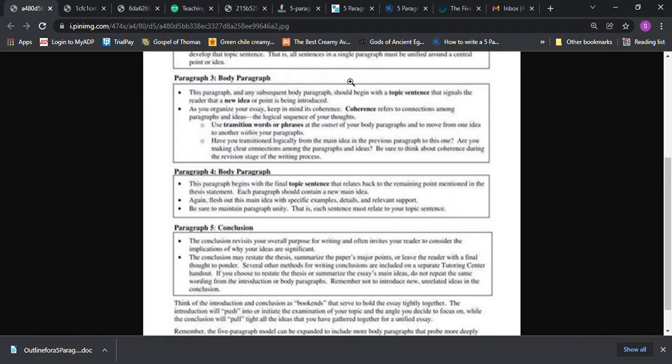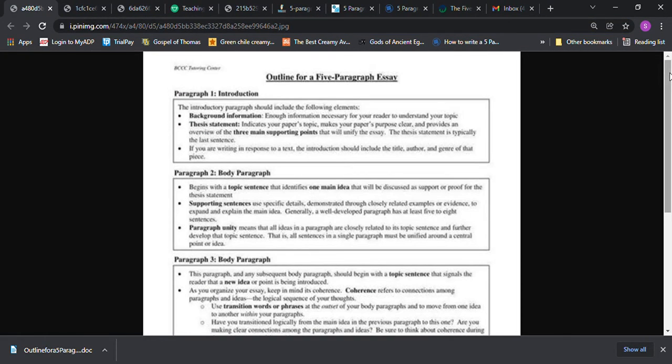And then there's this one, outline for a 5-paragraph essay, and you can see the web address in the upper left-hand corner. So this one also talks about the introductory paragraph should include the following elements: background information, enough information necessary for your reader to understand your topic.